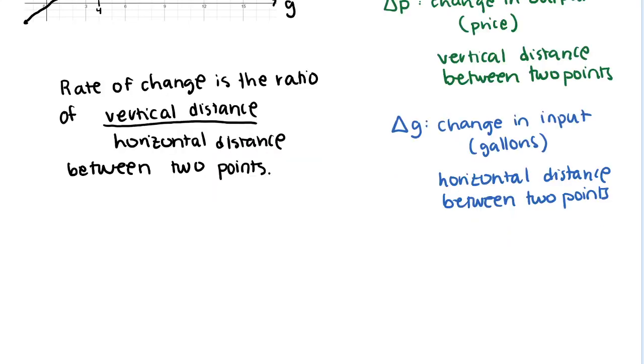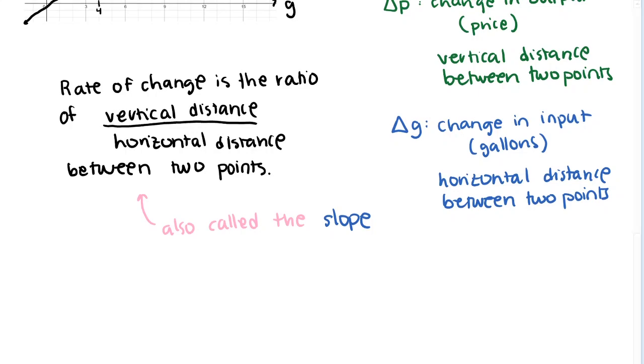So some other language that we'll use to refer to the same idea as this rate of change is the word slope. So this is also called the slope. So when we have a rate of change, we compute or determine some sort of change in the output divided by the change in the input.